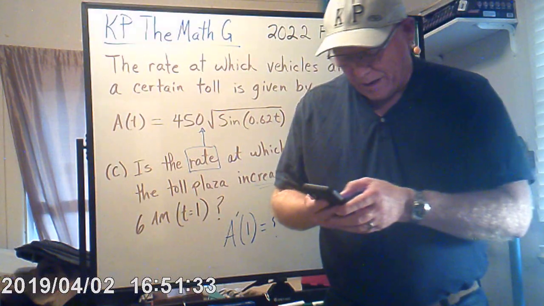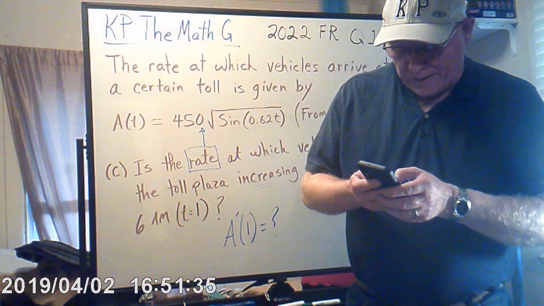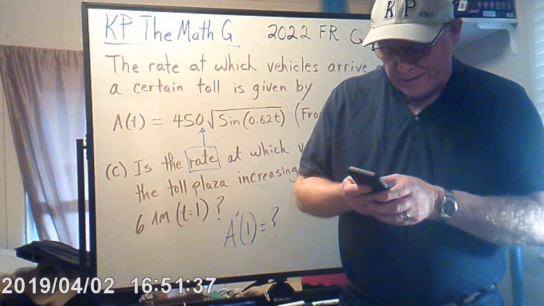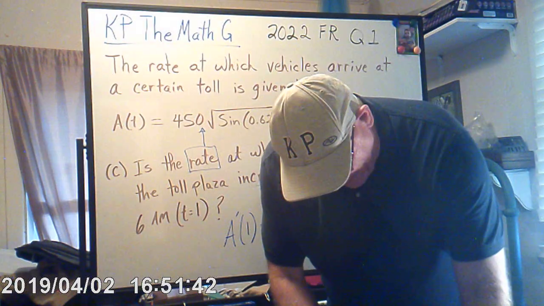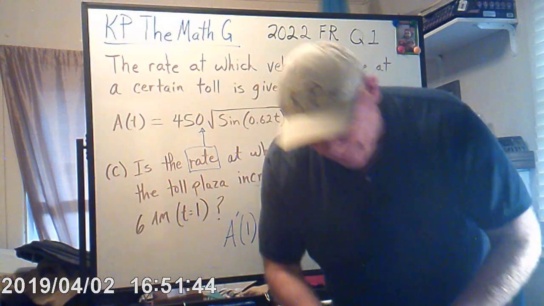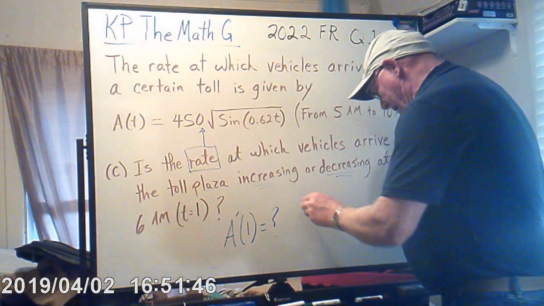The first thing I would do if I were you, and I've already done this problem, so I'm going to clear this, is go to your graphing calculator and press Y equals.